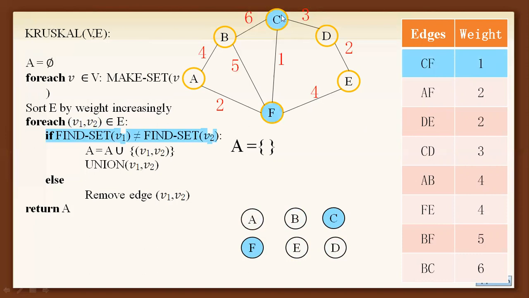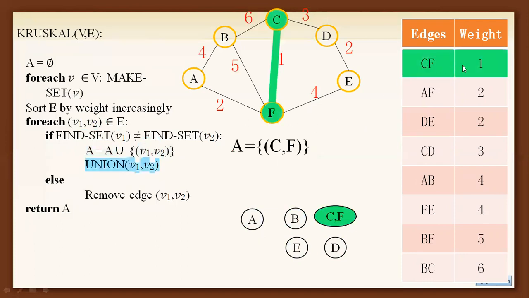Hence, we need to select the edge C to F. Once the minimum edge is found, consider the edge C to F only, and it is connected here.